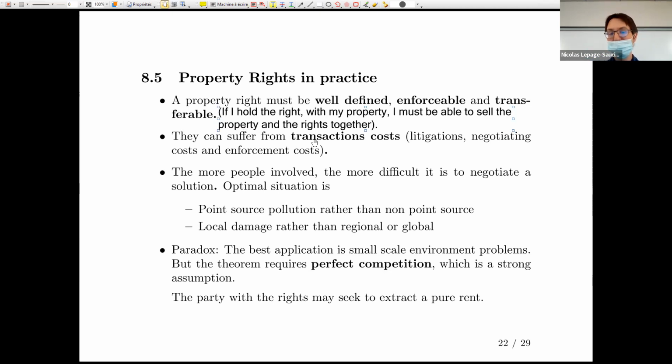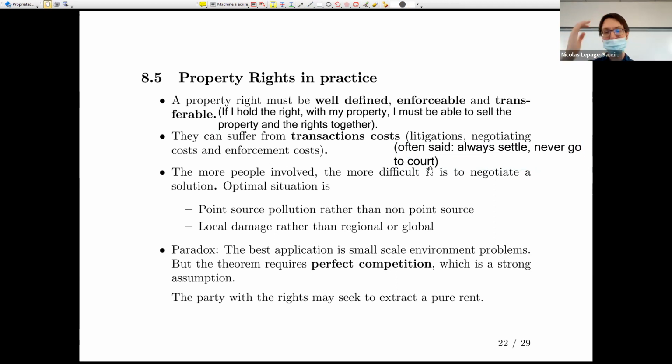So one very big problem is transaction costs. Litigation is a big one. You may have heard that, so always settle. Never go to court. Because if you go to court, then everybody loses their shirt and lawyers buy new shirts. So you don't want that.